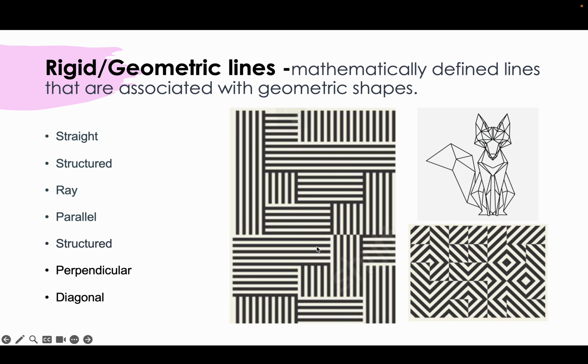They have no curves and often intersect at right angles. You will perceive parallel elements within them, and they are always either vertical, horizontal, or diagonal. Geometric lines are often used to create precise and organized compositions, helping to form shapes, angles, and spatial relationships in design.